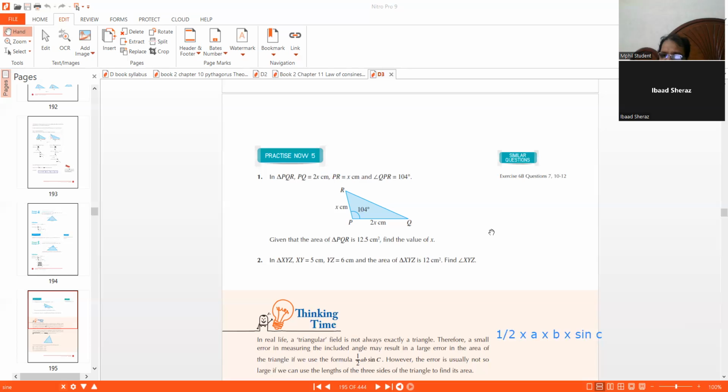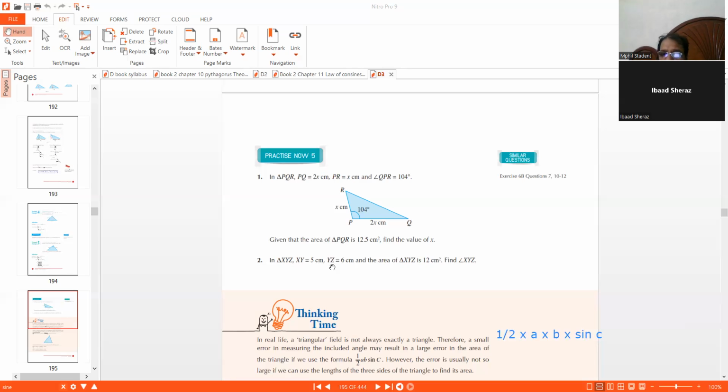So you are not having the value of x centimeter, but the hint over here is that the area of triangle is given to you. So that's why you have to use this value and find the value of x centimeter.